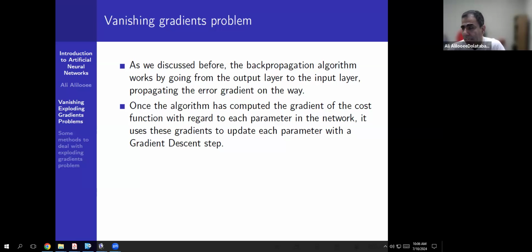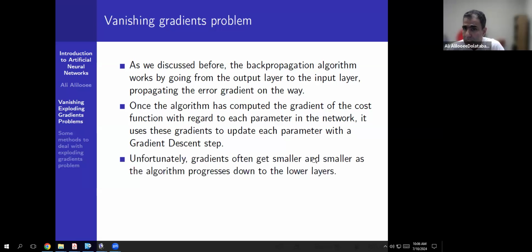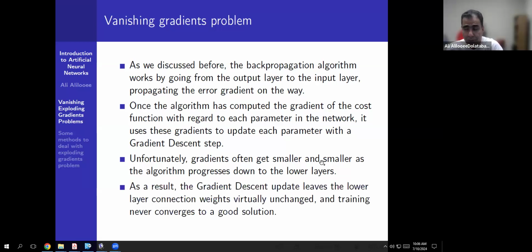Then the issue that can occur here is the case that the gradients that you are evaluating are too small. If you have gradients which are too small, it means that the weights that you are updating won't be updated, or they will be updated very little. So when this happens, if gradients often get smaller and smaller as the algorithm progresses down to the lower layers, then it is possible that in the gradient descent step, your parameter won't be updated.